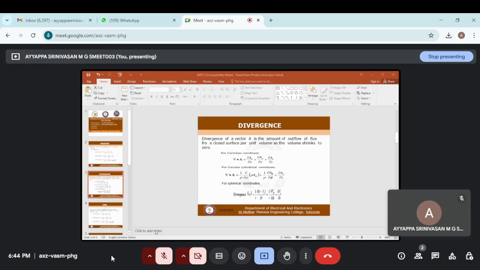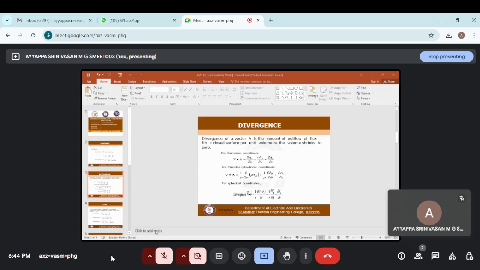Water will be flowing in various directions, up, down, left, right and in between directions too. So such an incident is the example for divergence.